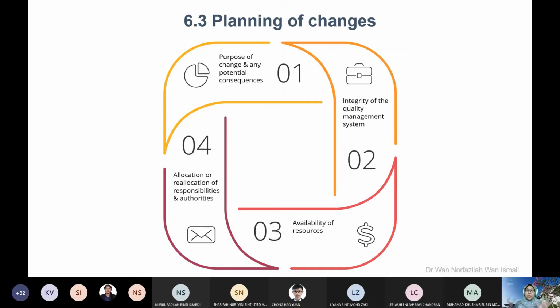After 10 years, of course, the price has gone up. So that is one of the potential consequences. And another potential consequence: new equipment, although the name is the same, GCMS, might have an advanced system compared to 10 years ago.